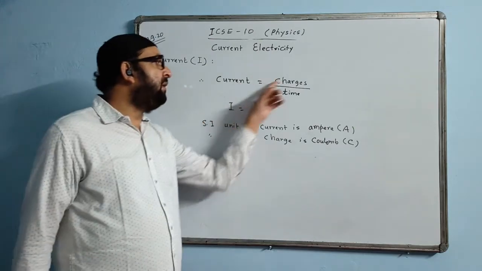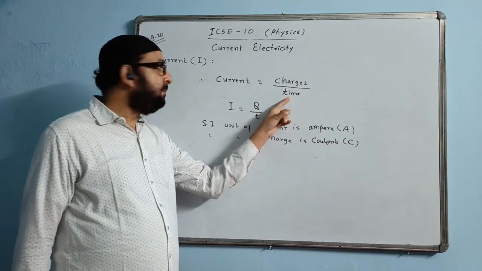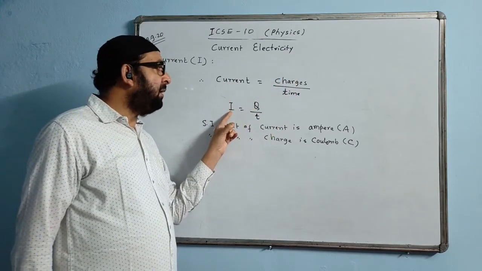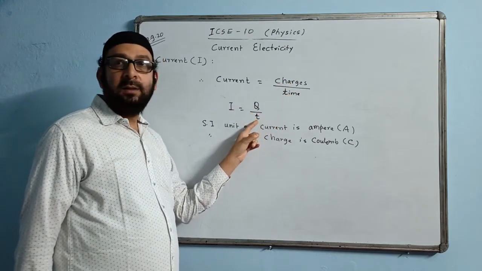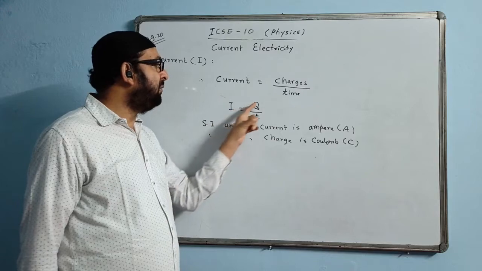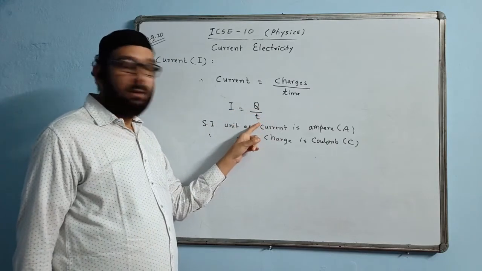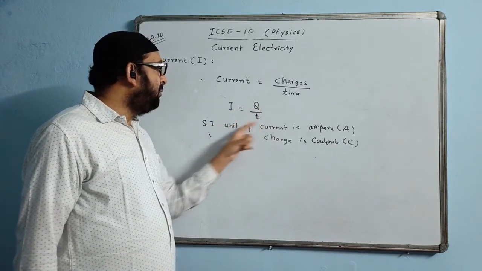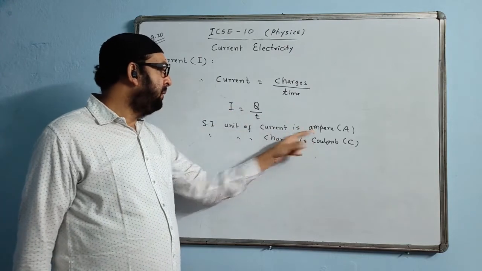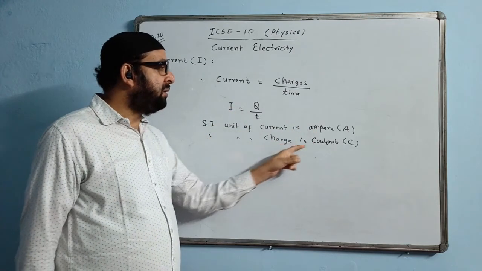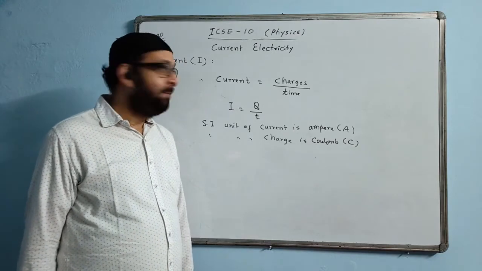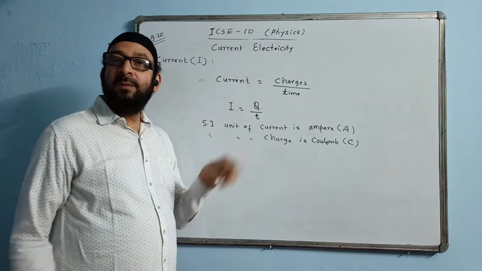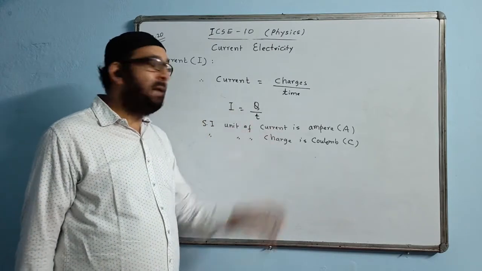Current I is equal to Q upon T. The SI unit of current is ampere, whereas the SI unit of charge is coulomb, denoted by capital C. And the instrument which measures current is called an ammeter.